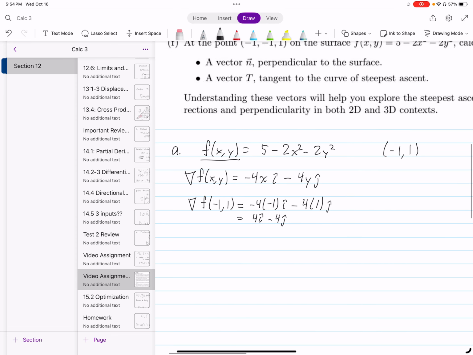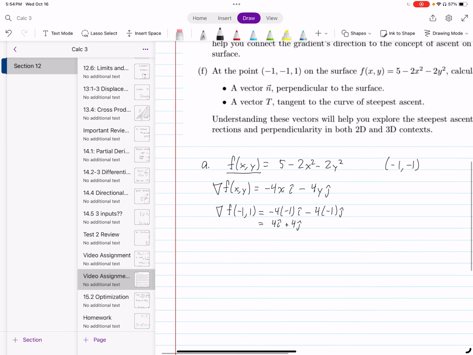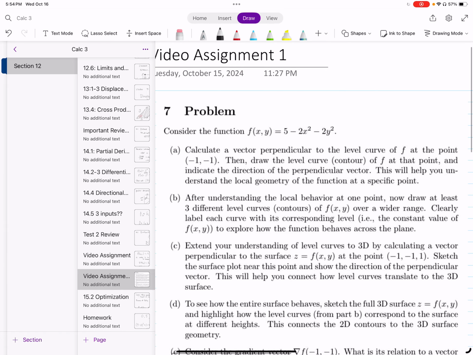I'm so sorry for that problem. The point was negative 1 comma negative 1. So we'll get 4i plus 4j as the perpendicular vector.